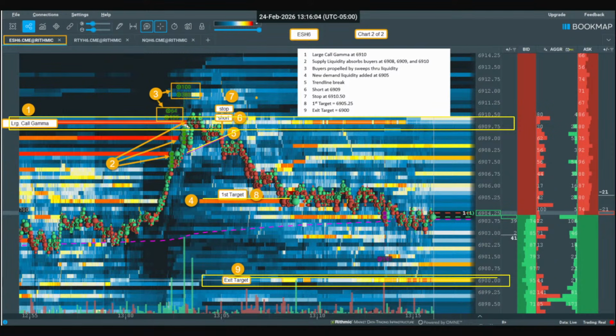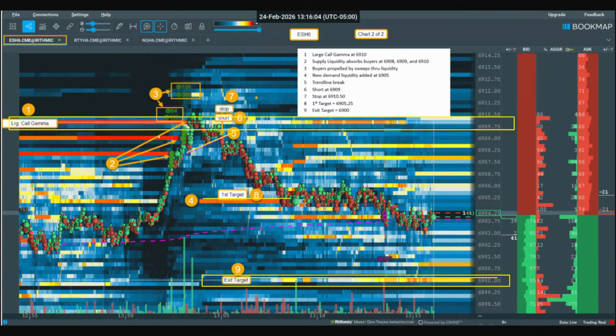Look at all this absorption, a lot of this liquidity getting filled, high liquidity, right before the level and then at the level. Doesn't get through it. We get a bit of a pullback. You see your liquidity come in. That's where you're like, aha, okay. Now I know there's going to be a lot of gamma, a lot of options up here.